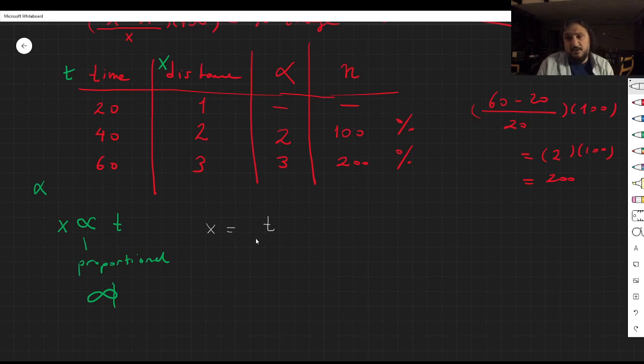Now this is wrong because the left hand side does not agree with the right hand side, either in numbers. I mean 20 is not equal to 1. Also in terms of dimensions. On the left hand side we have distance, which is represented by L. On the right hand side we have time, which is in capital T dimension. Okay, we need a factor here.